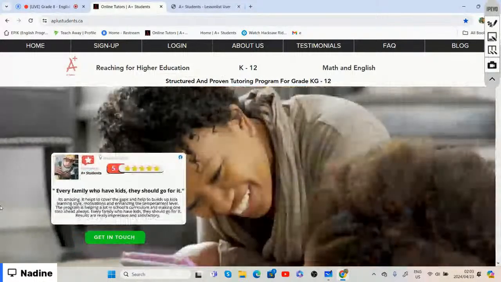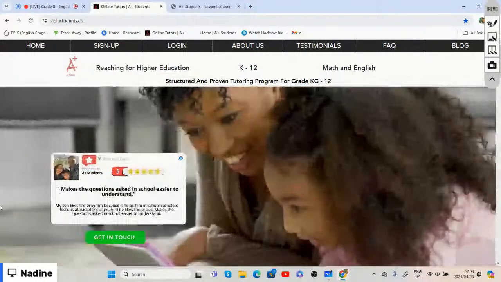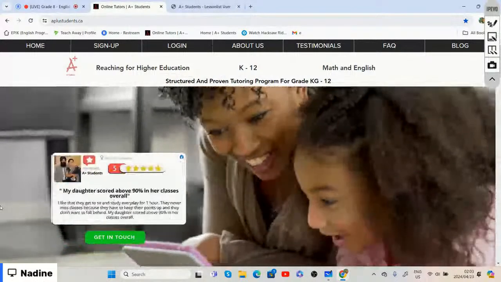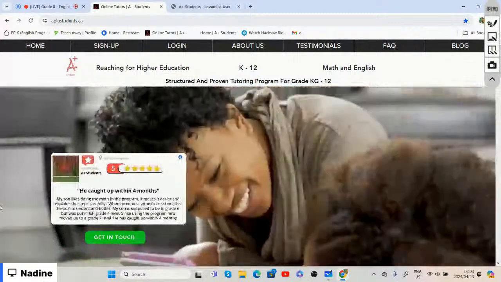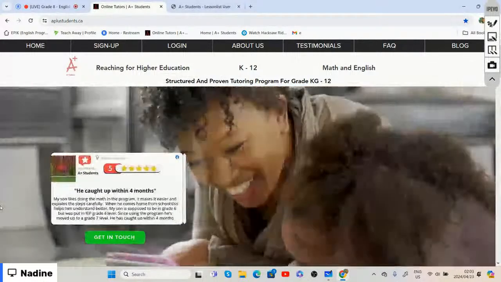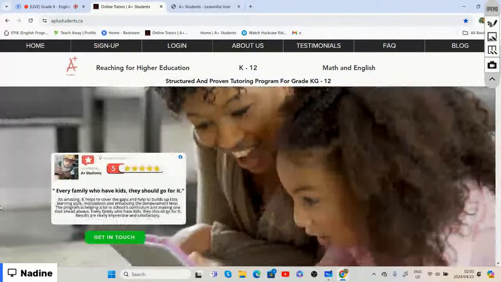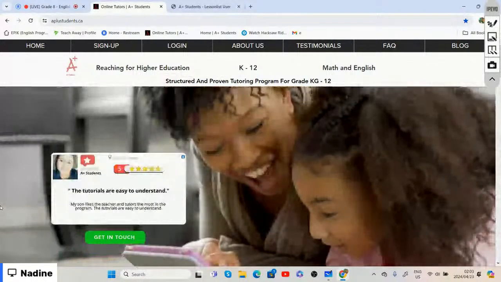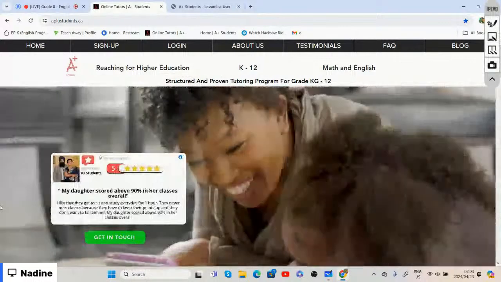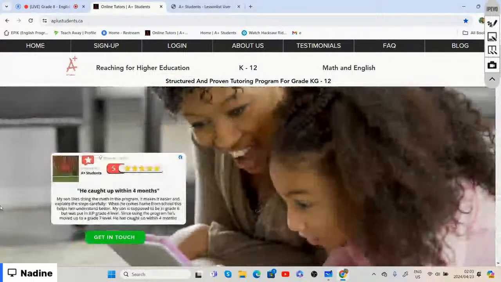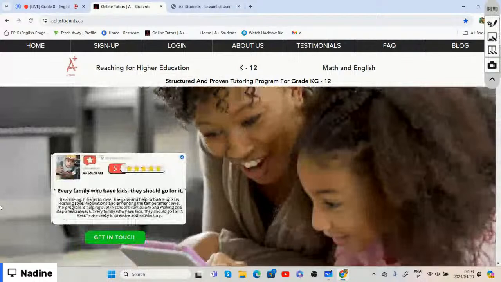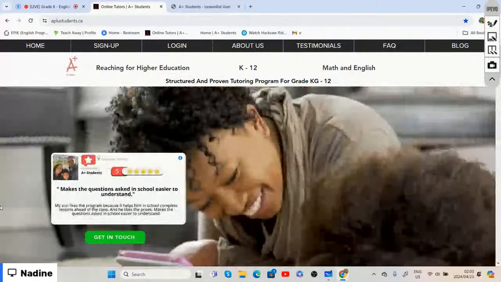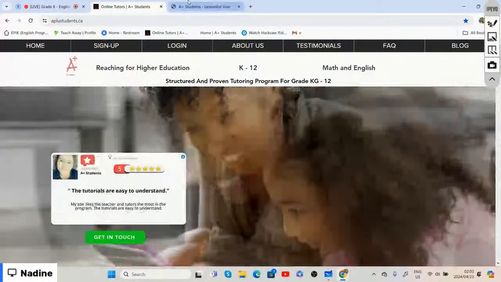Once you've logged on with our username as well as our password, we're going to select the subject of language arts, grade 8, and then we scroll down all the way to our chapter of nouns.